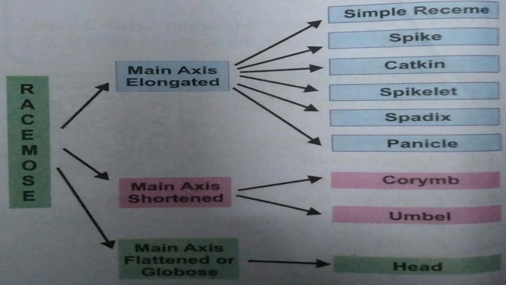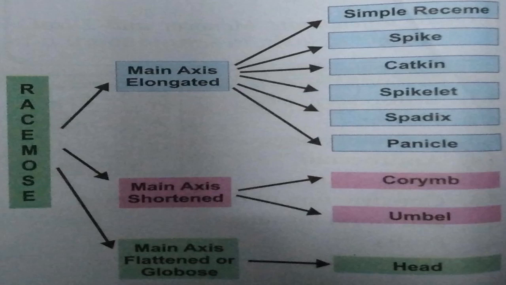First one is main axis elongated. Second one is main axis short-ended. Third one is main axis flat-ended or globose. These are the major divisions of racemose, based on growth pattern.